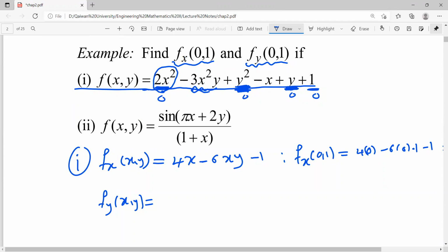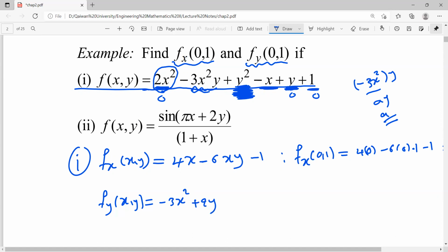And for this one, we have minus 3x squared. This is a constant times y. Let's say it's ay. How about the derivative of ay? It's only a, is it? So here, the second term becomes minus 3x squared. And y squared, its derivative with respect to y is 2y.